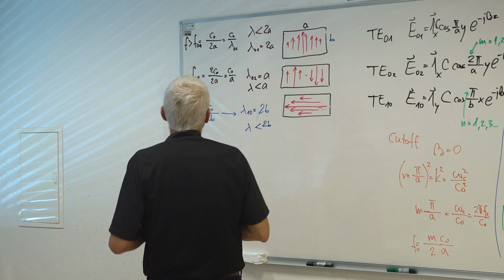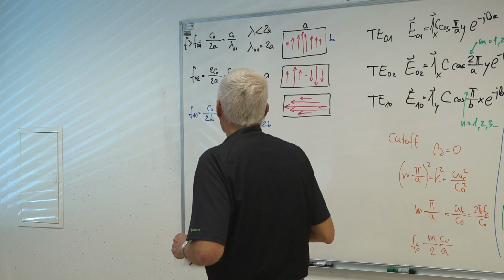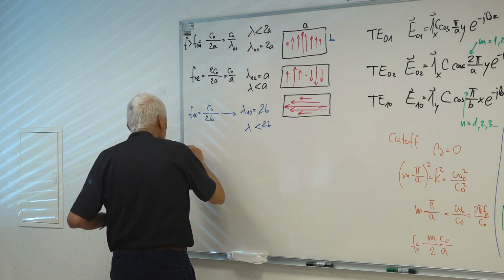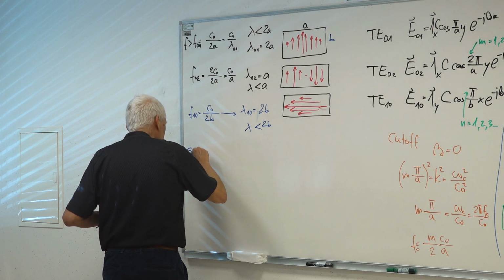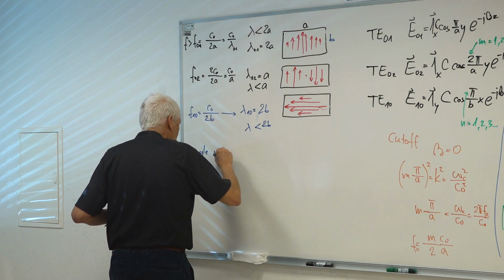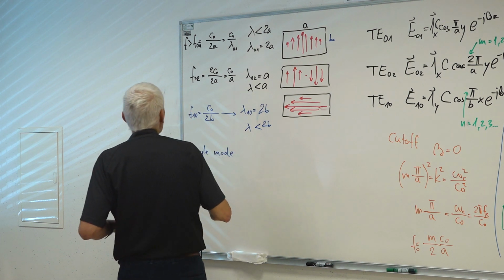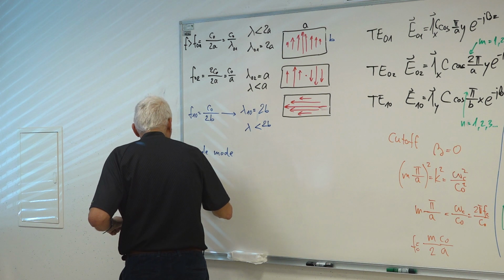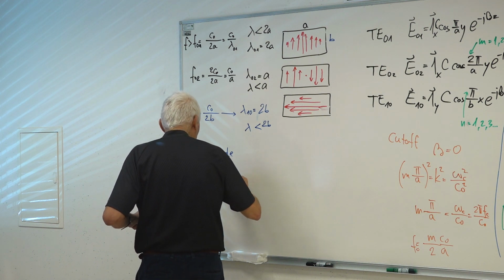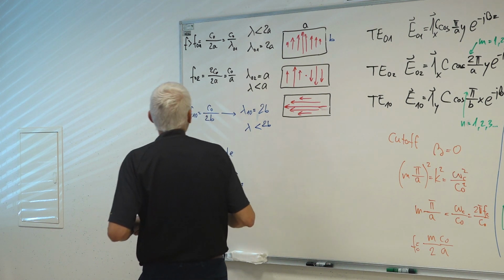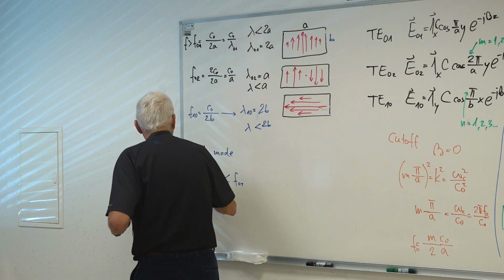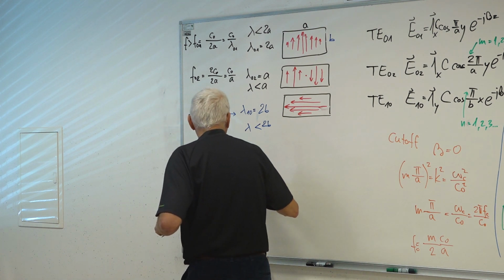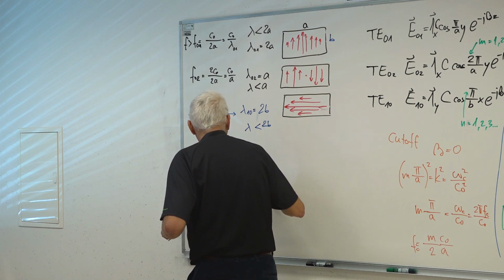So what do I now know about the sides a and b? In which range am I single mode? I am single mode only in a limited range of frequencies, so the frequency should be larger than f01 and smaller than f02. I know what f01 is: C0 over 2a, and f02 is C0, the speed of light, over a.